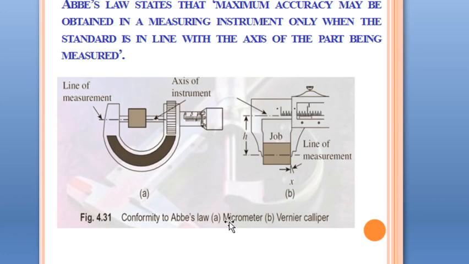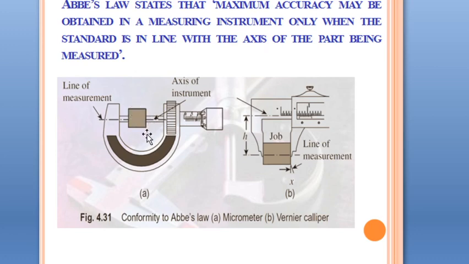So, Abbe's law: the accuracy of the instrument is good when maximum accuracy may be obtained in a measuring instrument only when the standard is in line with the axis of the part being measured. This is the work part to be measured.